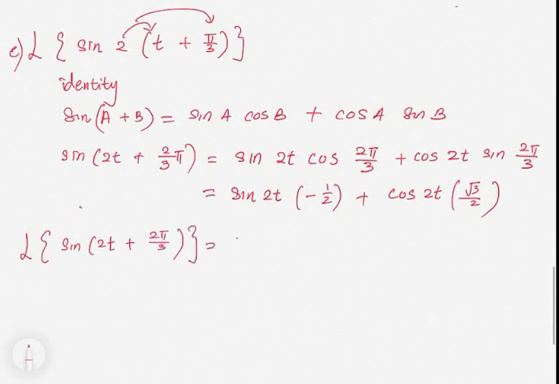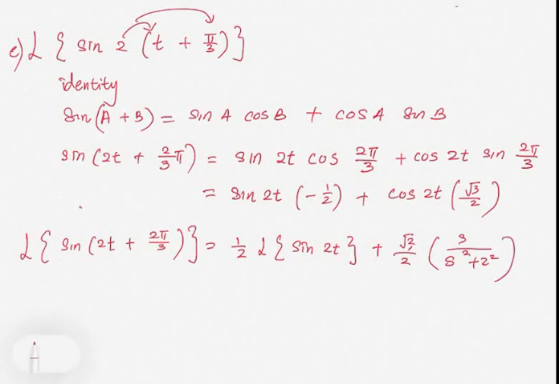Okay, so you get negative half of the Laplace transform of sine 2t plus square root of 3 over 2 of s over s square plus 2 square. So this part you change from the cos 2t.